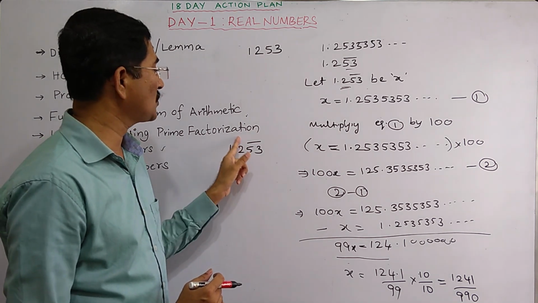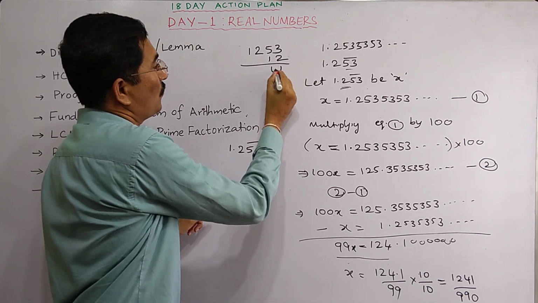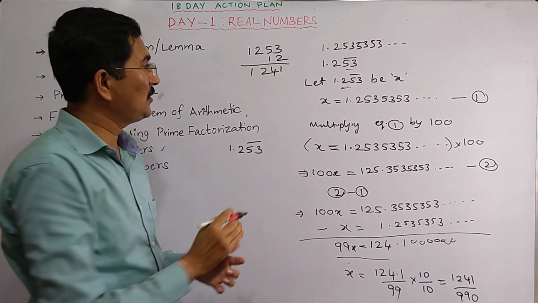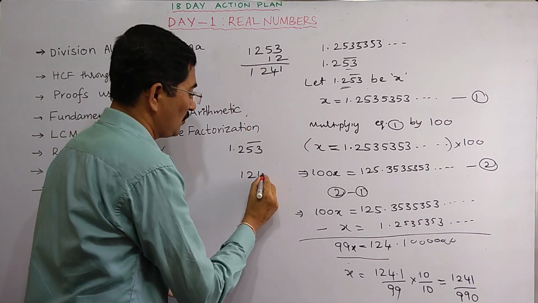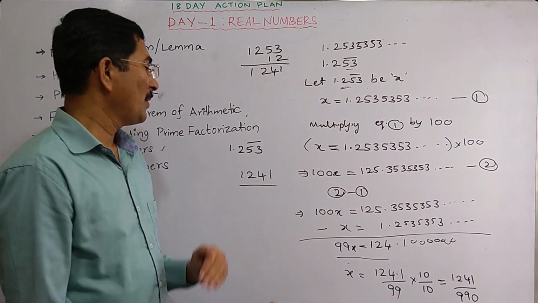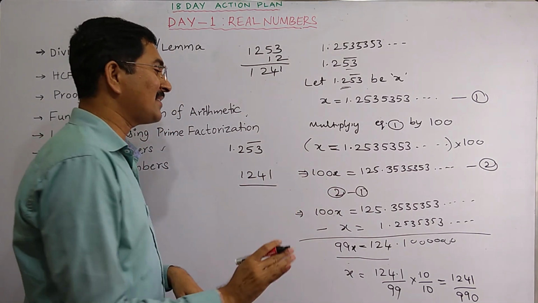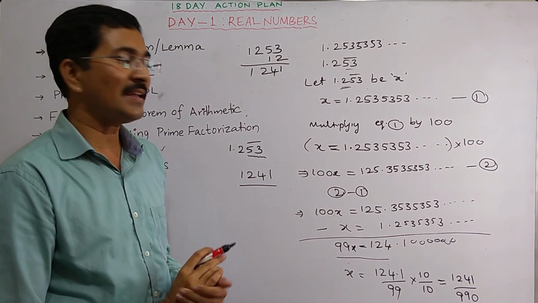What is the remaining number? 12. So subtract 12. What do you get? 1, 2, 4, 1. Did you get 1241? Yes. That you take as the numerator. Divided by what? Put as many 9s as there are digits under the bar. Under the bar, how many digits are there? 2 digits.